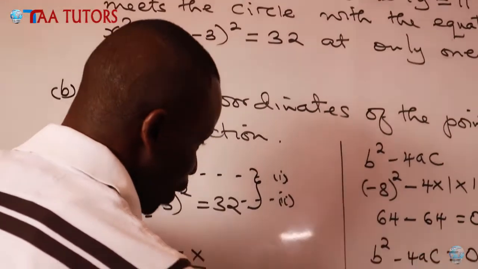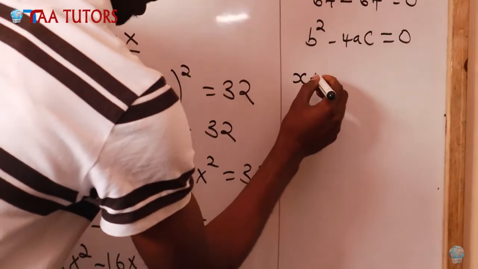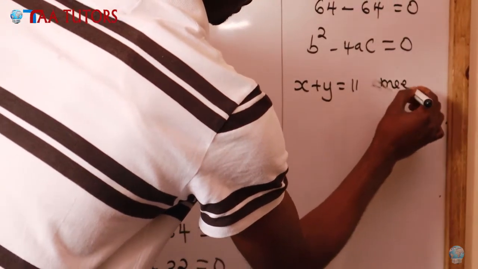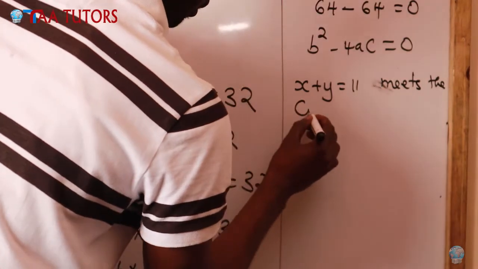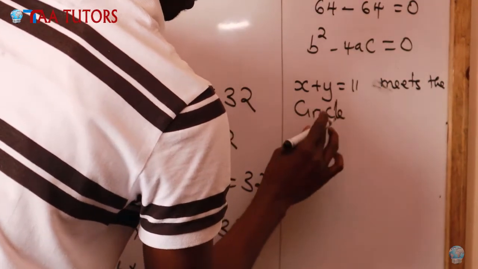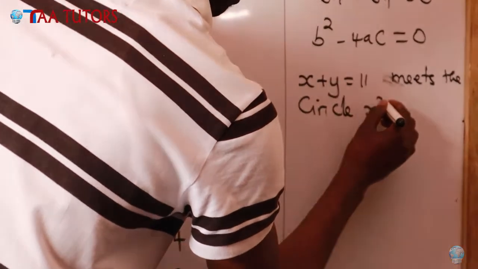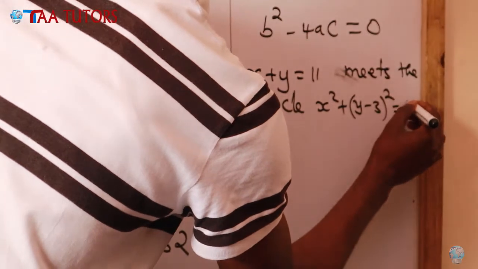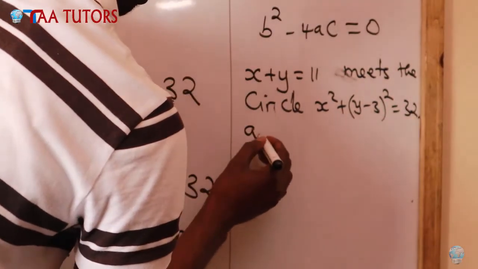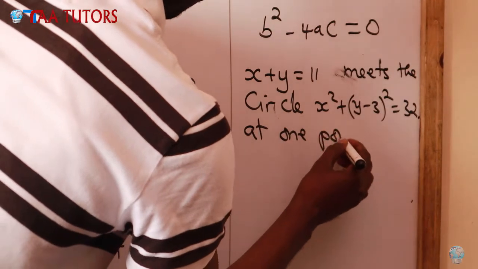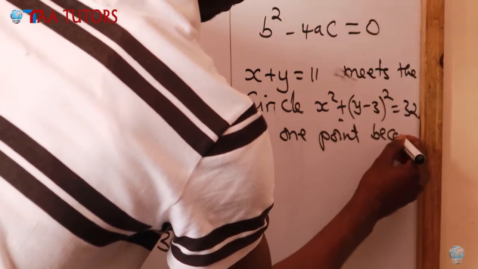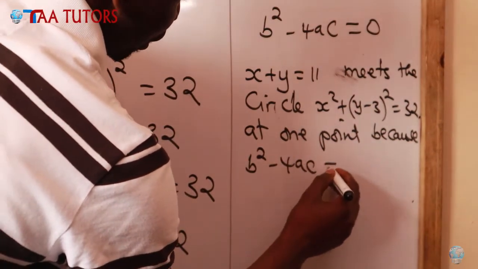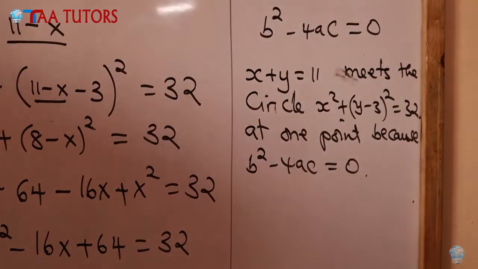So we are going to say that x + y = 11 meets the circle, and the circle here is x² + (y − 3)² = 32 at one point, because b² − 4ac = 0. We have finished that.